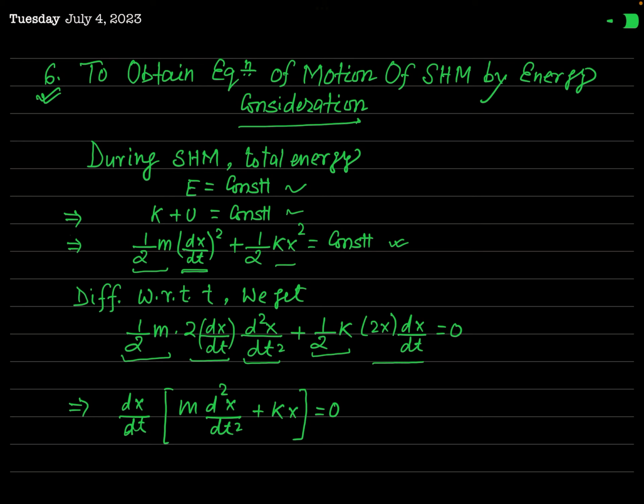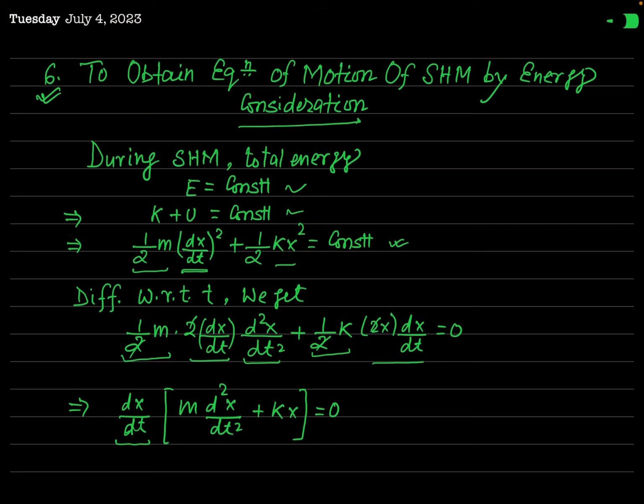Now see here, this 2 and this 2 will cancel out, this 2 and this 2 will also cancel out, and we can take dx by dt as a common factor. Then the remaining factor will be what? This is m d2x by dt square plus kx equal to 0. But as you know, this dx by dt, which represents the velocity of the oscillator, is not 0 at all times. Only at the extreme position is this velocity 0, and other than the extreme positions it is never 0.